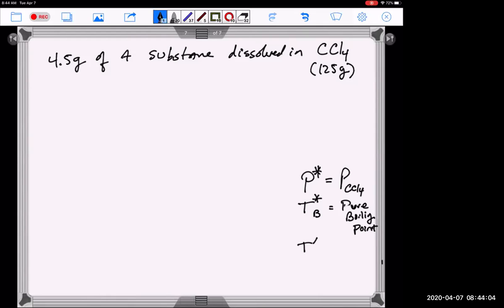Oh, okay, that makes sense. Thank you. Yeah, it's just because you're always going to have this information, pure melting point, right? In any table, you're going to see the melting point of carbon tetrachloride. You're not given the melting point of carbon tetrachloride at 0.2 molal HCl, right?